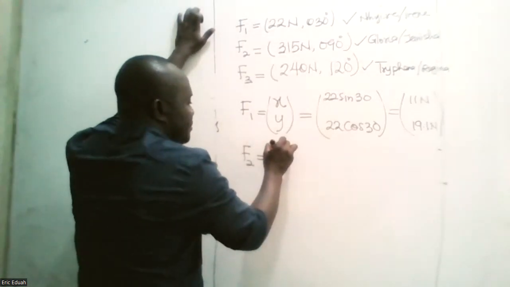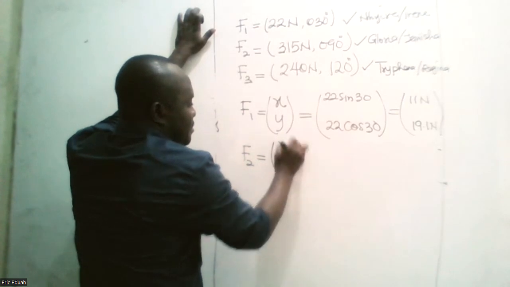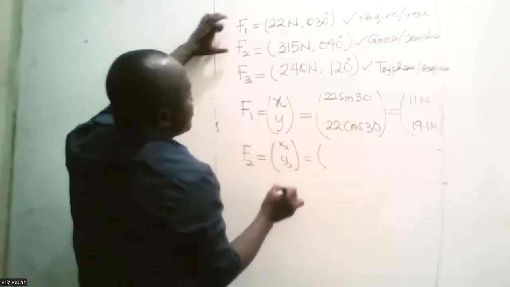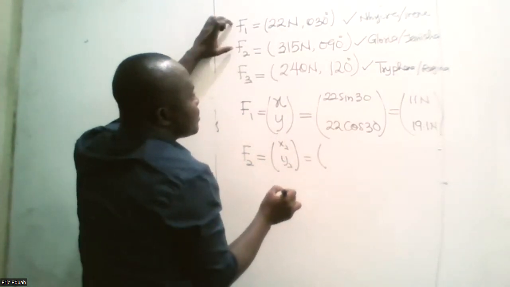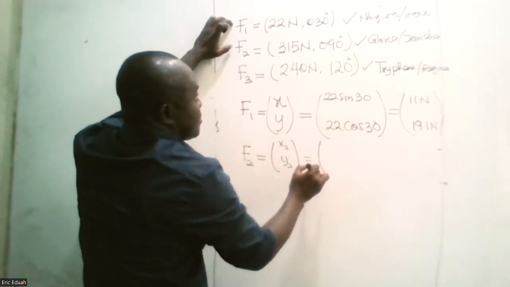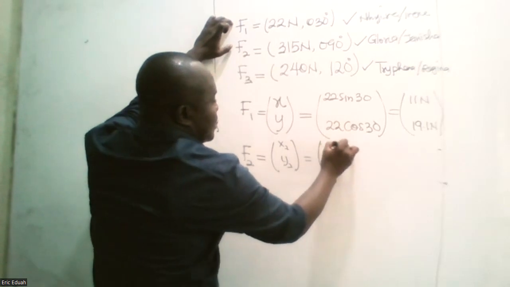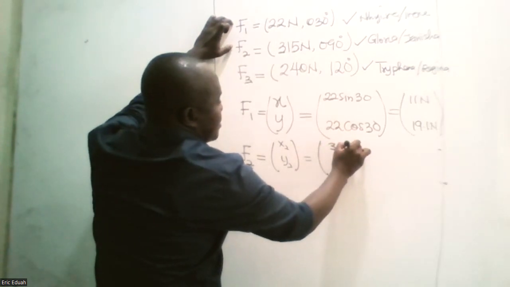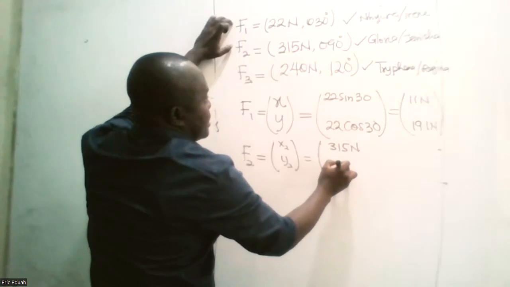Okay. The forces lying vertically or horizontally cannot be resolved. So X is 315 Newton.